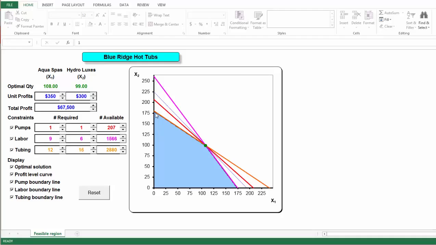We'll reduce the right-side value from 200 down by 1 unit at a time. 199, 198, 197, 196.